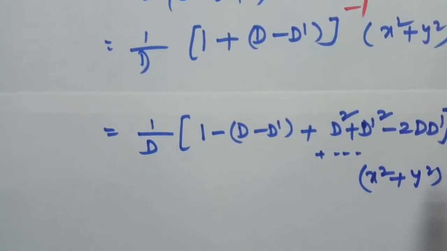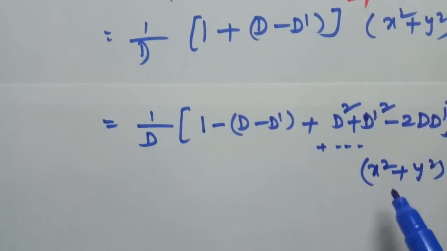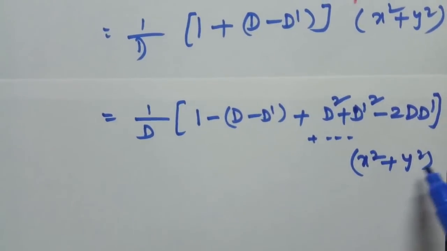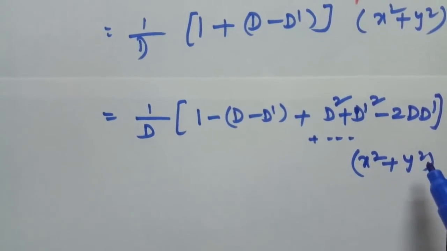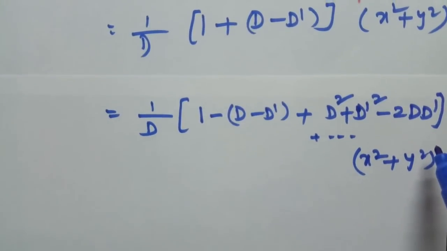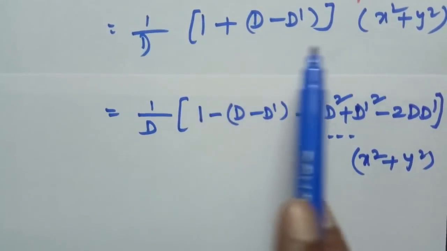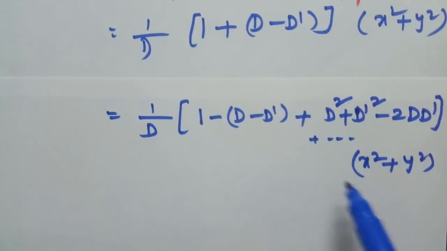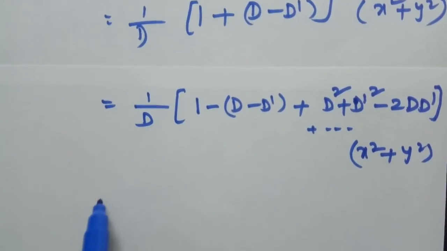No need to write the whole cube, because x squared has only 2 derivatives and y squared has only 2 derivatives. If you write (D minus D') whole cube, all the derivatives become 0.